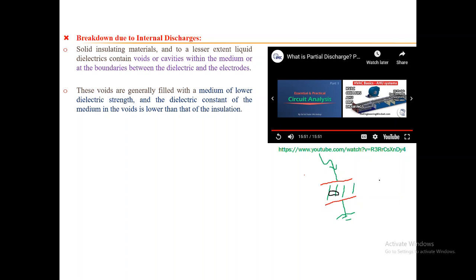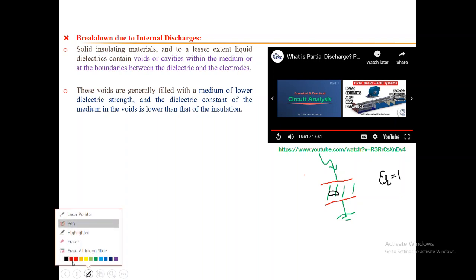You know that air has a dielectric constant of epsilon r equal to 1, which is lower as compared to the dielectric constant offered by this solid dielectric, which is the healthy portion. Okay, so of course the voltage bearing capacity of this air is very small as compared with the voltage bearing capacity of the healthy portion of a dielectric material.